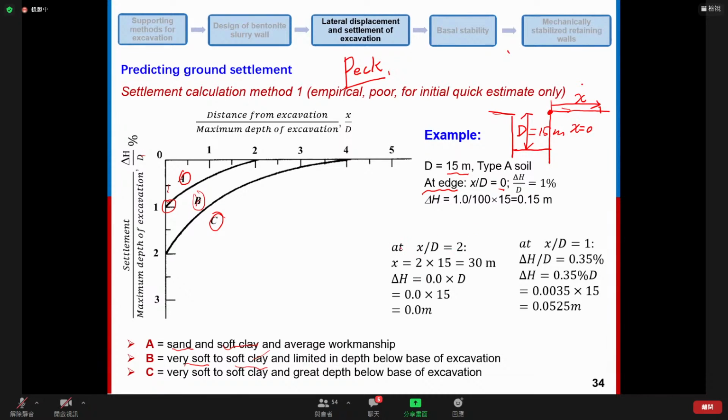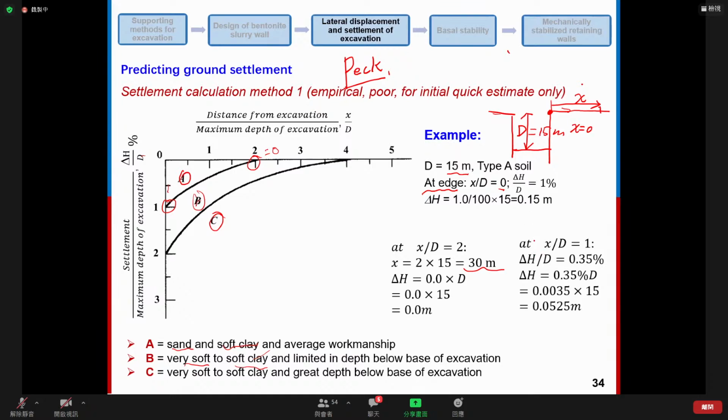Okay, then let's look at X over D equals 2, which means the distance from the excavation is 30 meters. So it's this point. For this point, we can see the delta H over D is nearly 0. So we can conclude that at this point, there's no ground settlement.